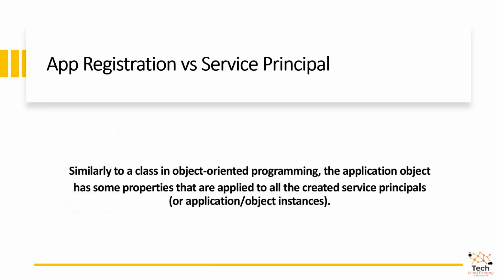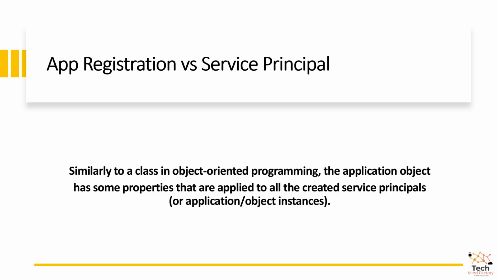Okay, and the last thing, I believe it's good to mention here. Similarly to a class in object-oriented programming, the application object has some properties that are then applied to all created service principals, or application object instances. In object-oriented programming, you define a class.